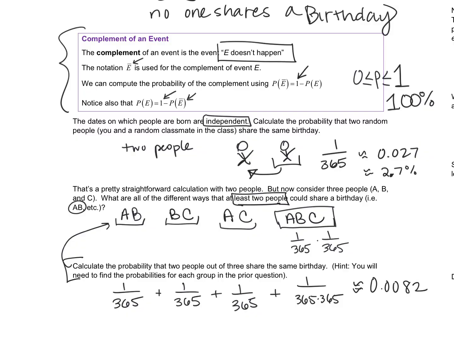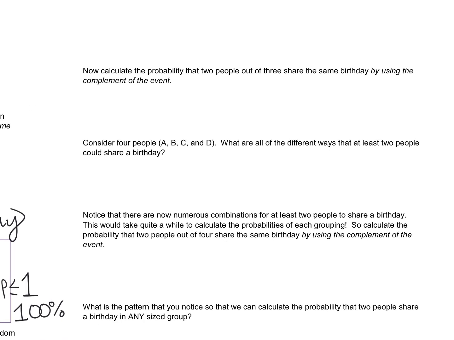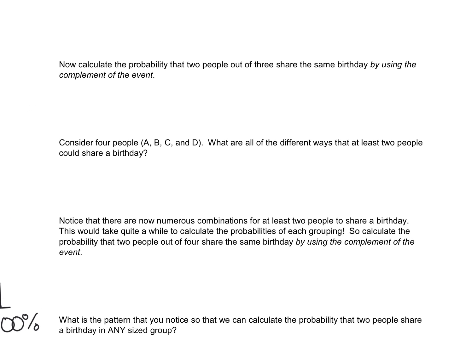So let's think about another way, because you're going to see that it gets harder as you get more and more people. But it suggests that we could find the probability by using the complement of the event. So if we have those same 3 people and we suppose that they do not share a birthday, there are basically 365 ways for the first person to have a birthday out of 365 days.